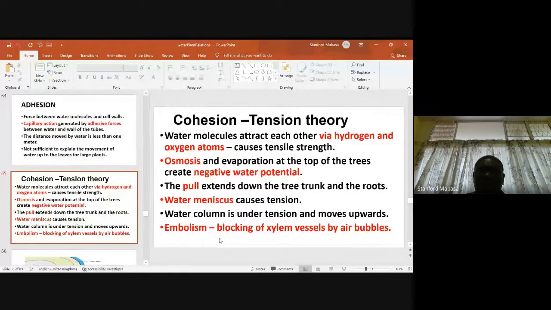And when the water reaches the leaf surface, it will eventually evaporate. And this creates the negative water potential. This can actually create a pool which extends down the tree trunk or the stem and the roots. And this actually facilitates the loss of water from the plant.